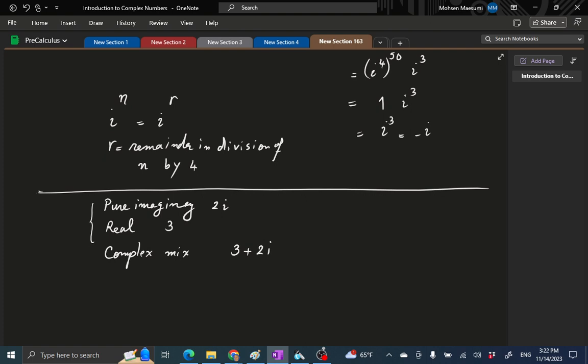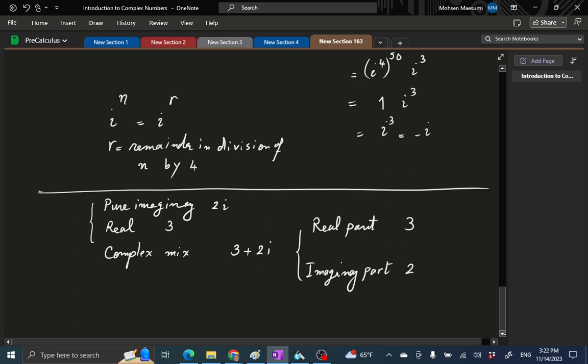And here we have a terminology. We refer to the real part and the imaginary part. So the real part is 3, the imaginary part is 2.